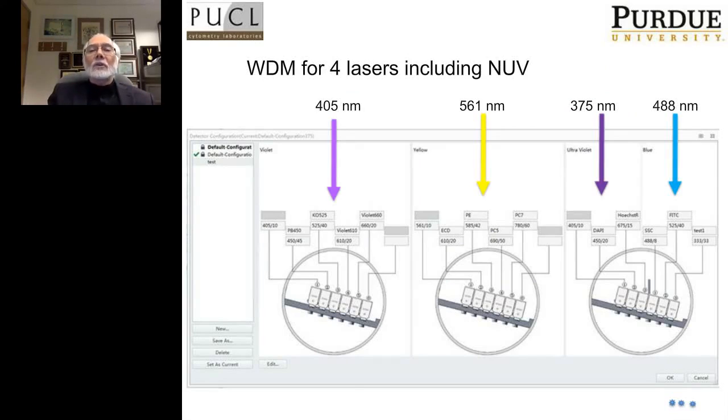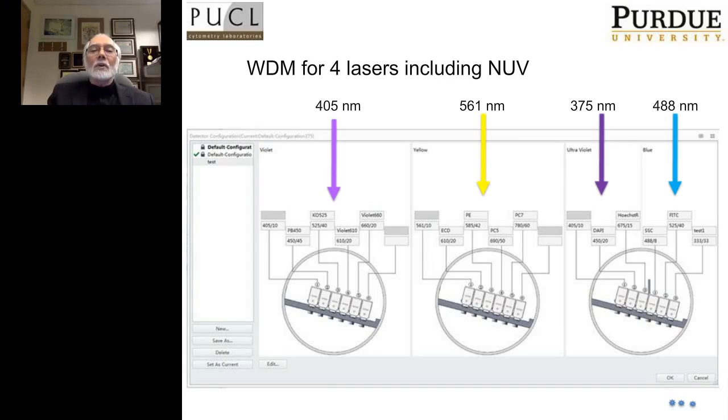So what I've tried to show here is a different configuration, and on this one I want to come back to what I said about these WDM modules and how these WDM modules can be applied.